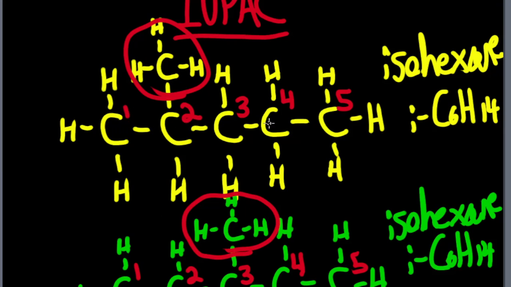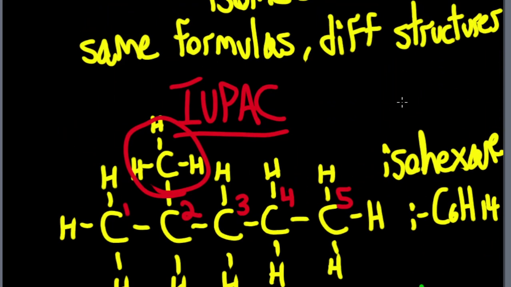This is my largest chain. 1, 2, 3, 4, 5. 5 carbons in a straight chain. This is going to be, let's see, I'll draw it up here. This is going to be called pentane, right? 1, 2, 3, 4, 5. That's going to be pentane. Okay?